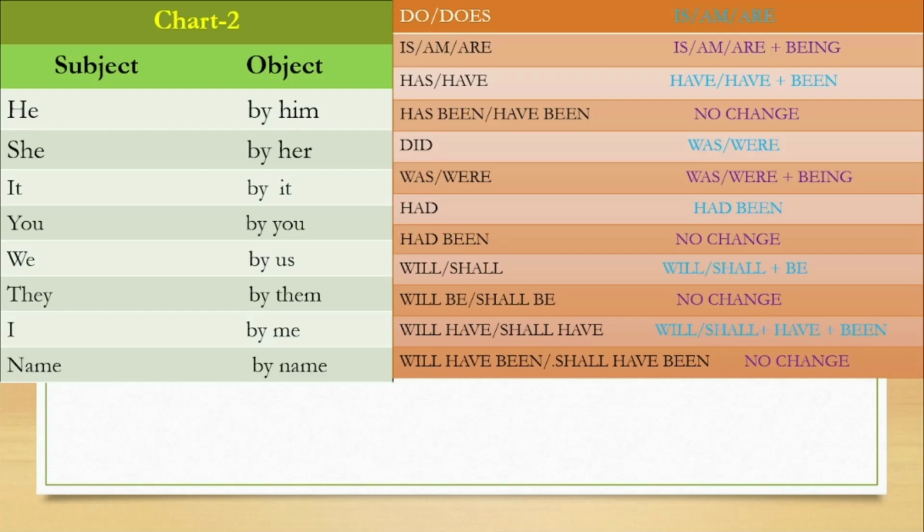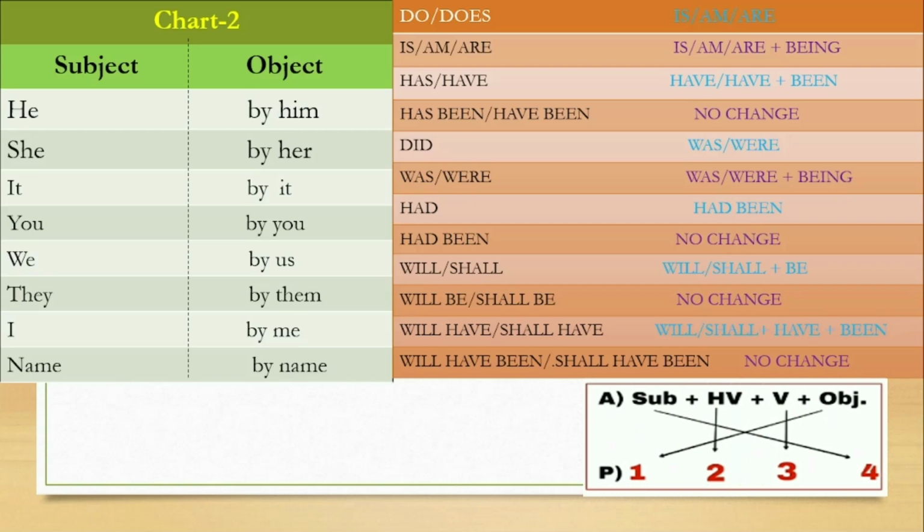So, the active voice to passive voice changing formula. This is subject plus helping verb plus object. This is the rule of active voice. In the passive voice, the last one will be first.